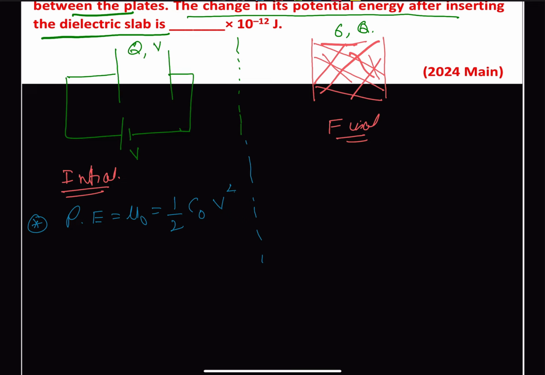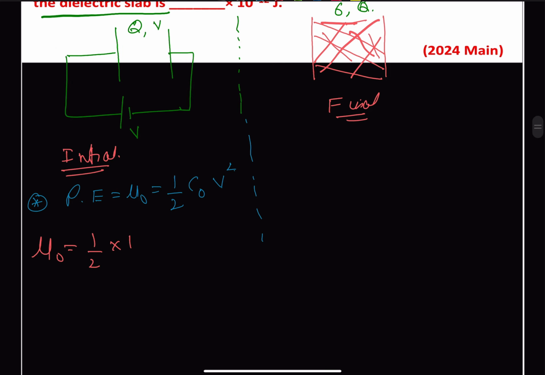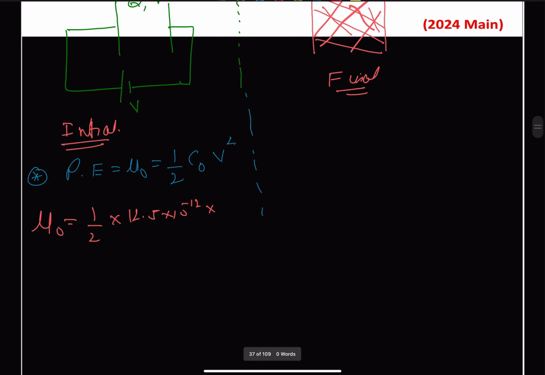We get U naught is equal to half, C naught is given to us as 12.5 picofarad, 10 to the power minus 12. Voltage is given to us as 12 volt, so this comes as 12 whole square. So we get our initial energy as 9 into 10 to the power minus 10 joules.